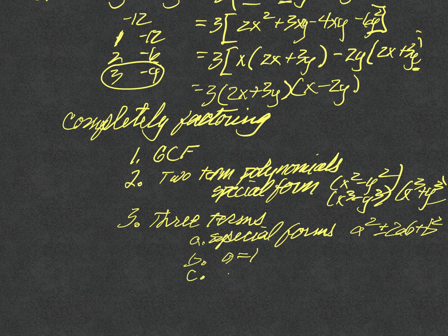And then c, we ask ourselves if a is not equal to 1. Both of these we can do by the AC method if we wish. Although guess and check works pretty good on this first one. But it's inefficient on the second category. It's more efficient to do the AC method. Okay?